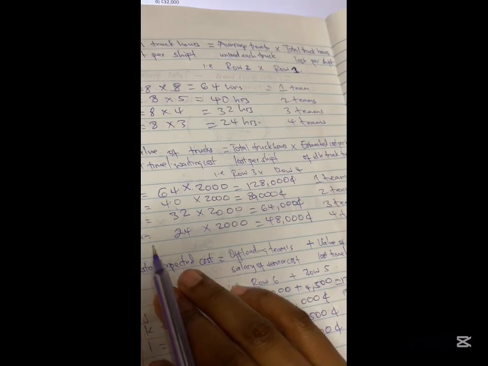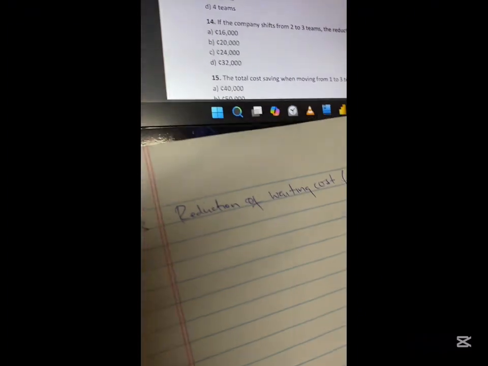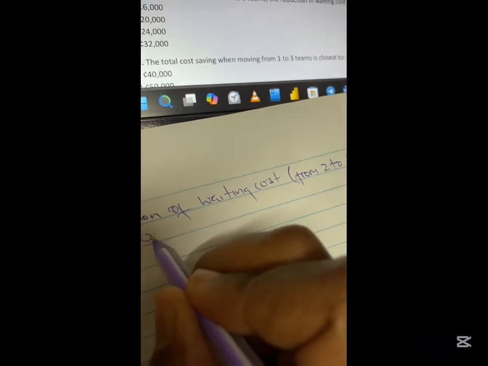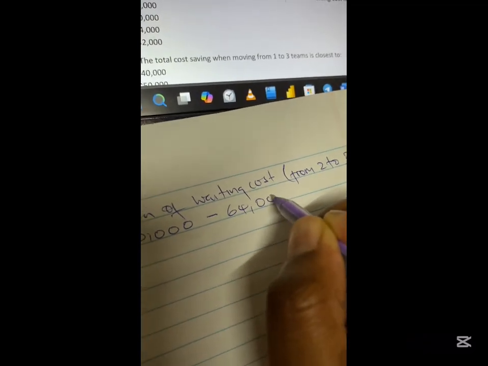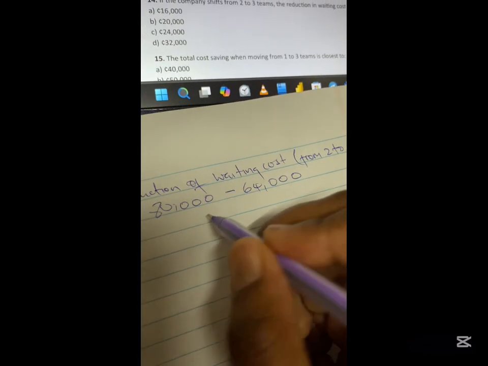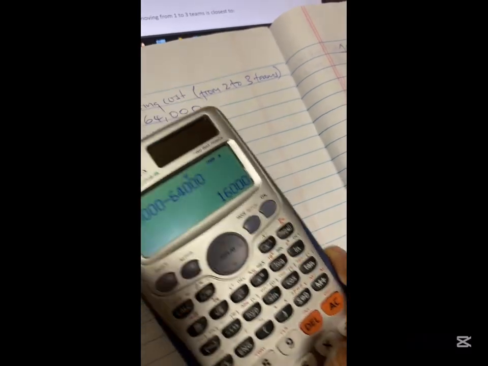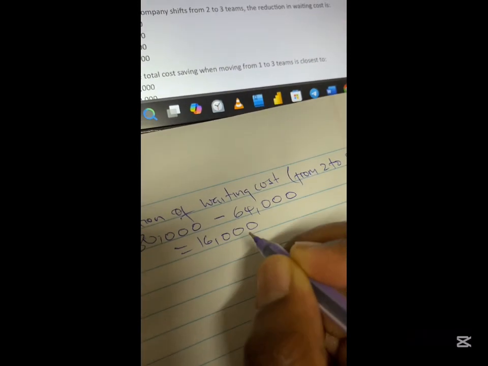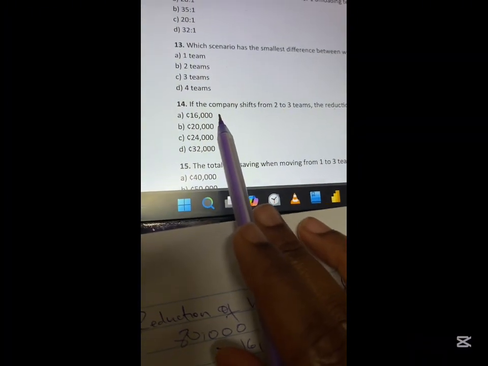So to get the difference, we'll take 80,000 minus 64,000, and that will give us 16,000. So this is the reduction from using 2 teams to 3 teams, and that is option A.